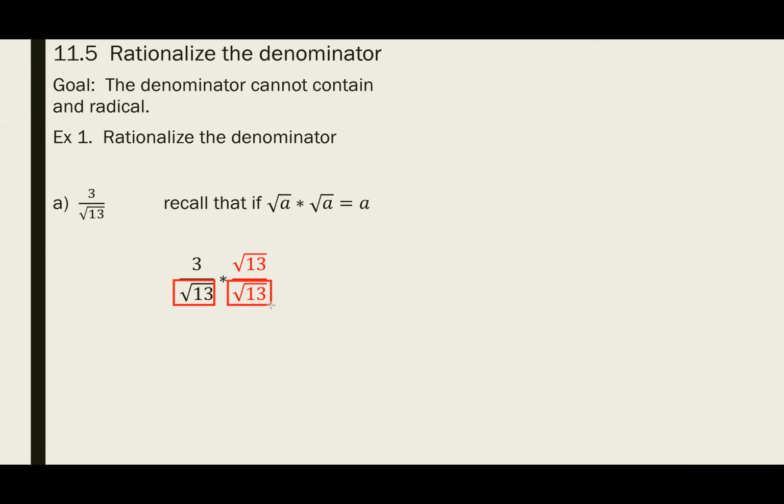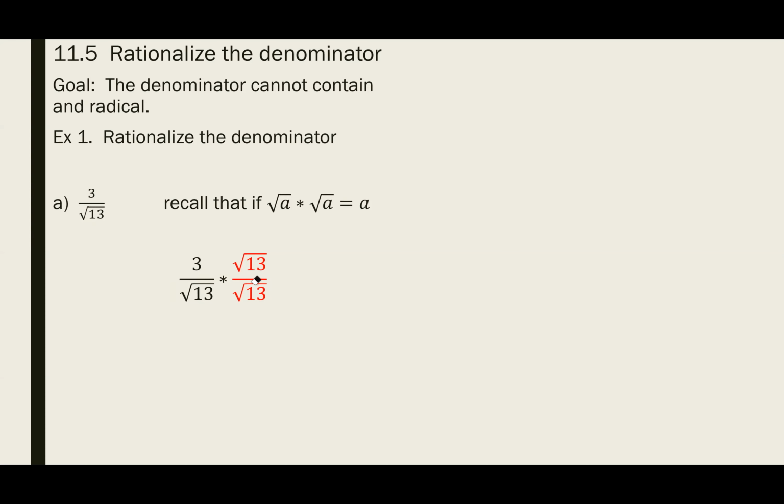But if we multiply the denominator by the square root of 13, we have to multiply the numerator by the square root of 13. So in short, whatever the denominator is, take your expression and multiply it by the denominator over itself.